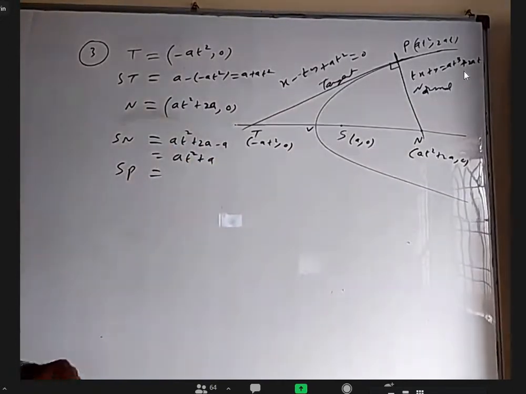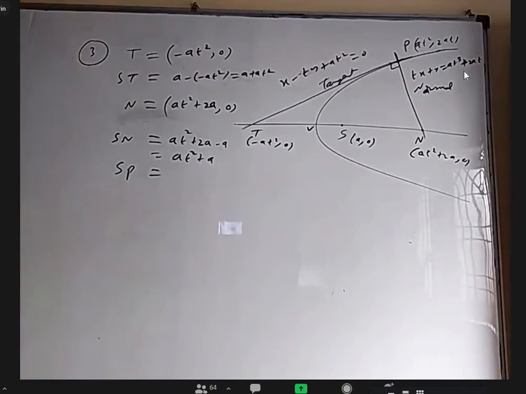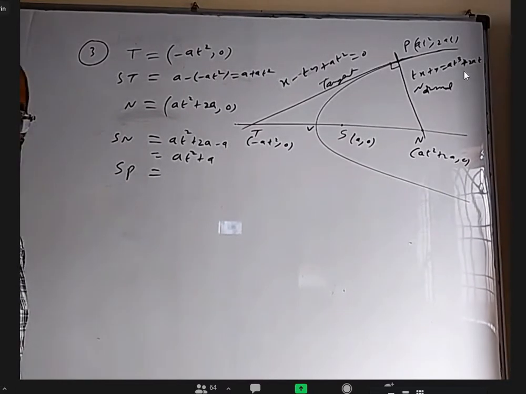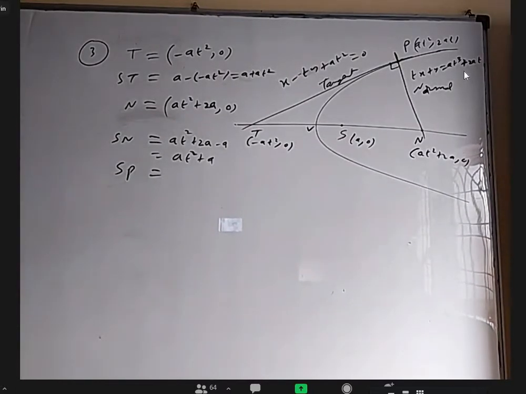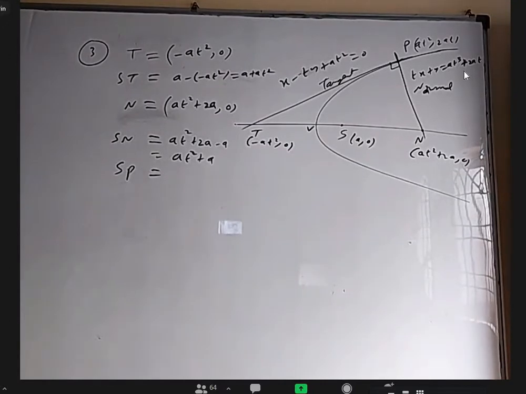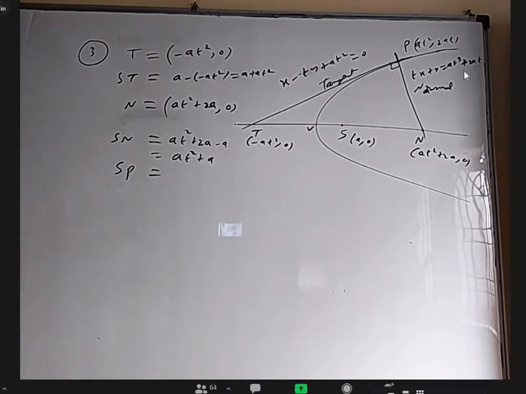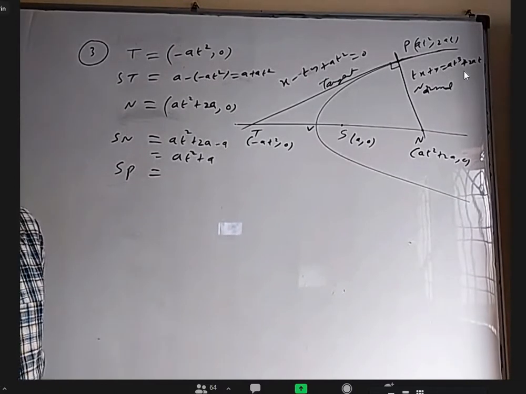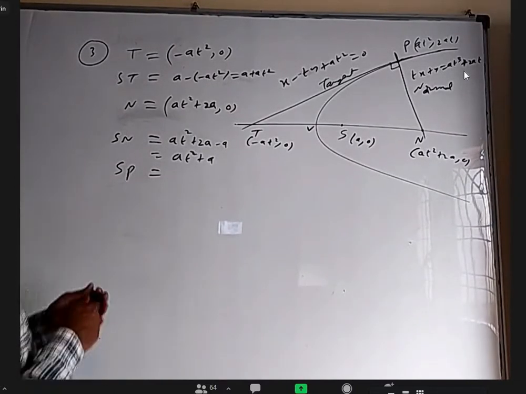What is the SP distance? A into t² plus 1. Did we discuss earlier that for any point the focal distance is simply x coordinate plus a? So directly at² plus a.